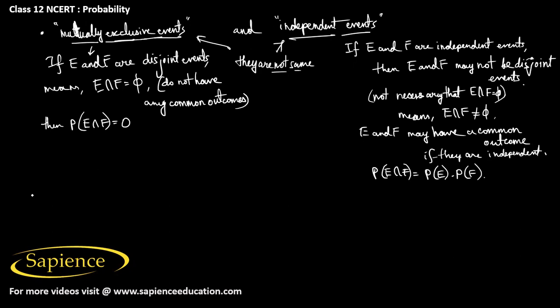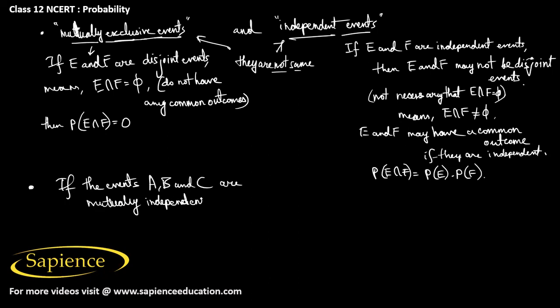Then suppose we have 3 events, A, B, and C, and they are mutually independent events.